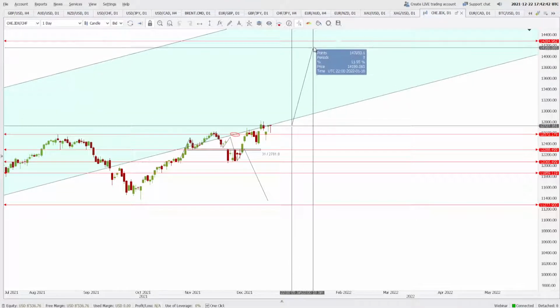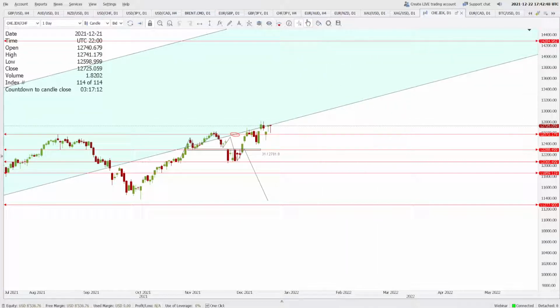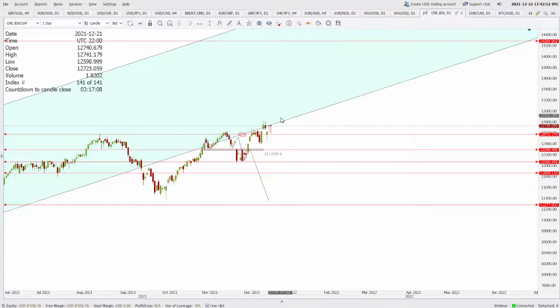Yes, you got it right. 1,500 points, 1,561 points is possible from here to there. So that is what I am talking about, because there is no resistance on the way. There is only support of 12,572. Even now you can open buy positions, but I'll just say, because I don't trade indexes, this is just a technical analysis for those who watch the Swiss market and are my viewers.